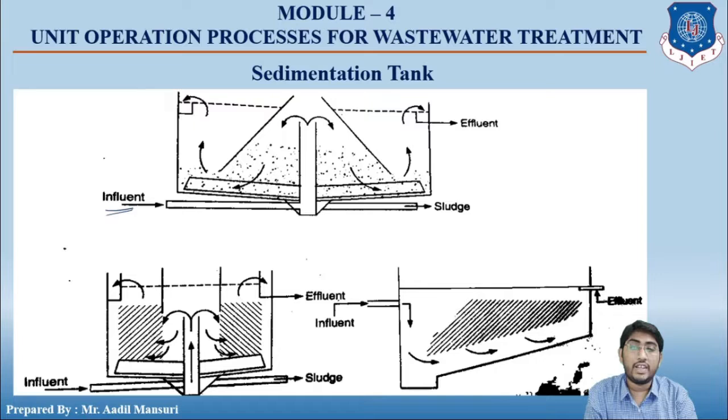And after detention, effluent or clear water will be removed, right? And whatever the particles that have settled down at the bottom of the tank will be removed, which is known as the sludge. Okay, so clear?